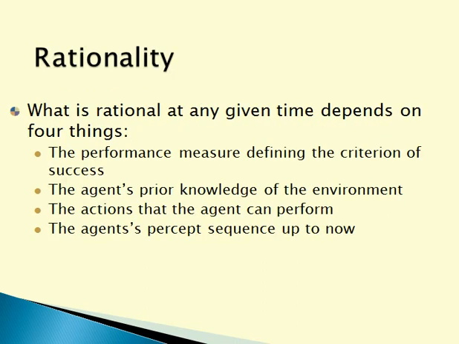Rationality. What is rational at any given time depends on four things: the performance measure defining the criterion of success, the agent's prior knowledge of the environment, the actions that the agent can perform, and the agent's perceived sequence up to now.